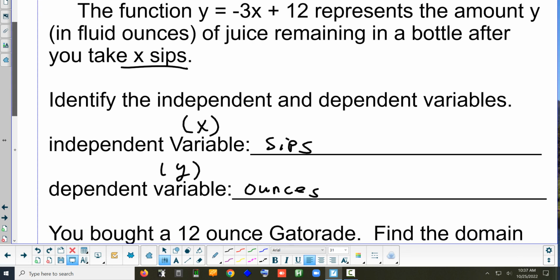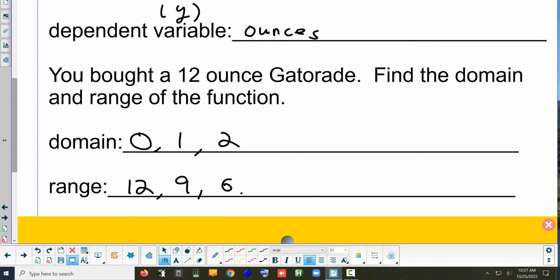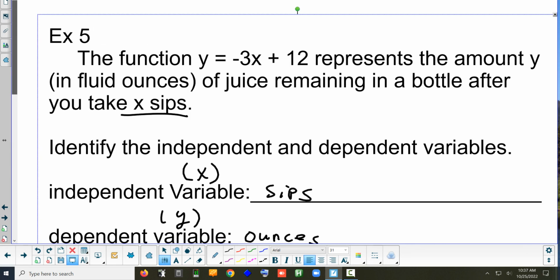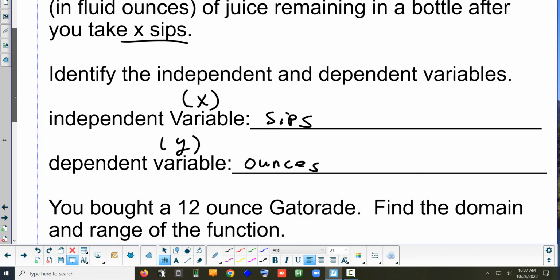Yeah, 6. Another number of sips you could take is 3. We can't take more sips than there is liquid, so we've got to be careful about that. But I think you could take 3 sips. What's negative 3 times 3? Negative 9. And what's negative 9 plus 12? 3.